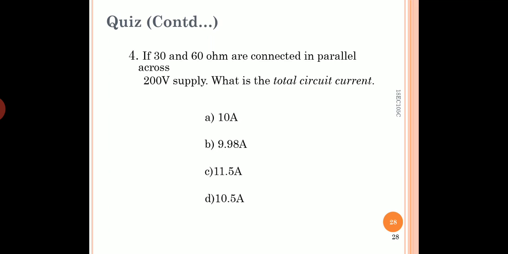The right answer should be how much? 30 into 60 by 30 plus 60, it is 1800 by 90, that will be 20. So 200 by 20 will be 10, so the right answer should be 10 amperes.